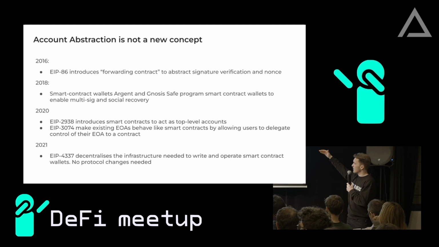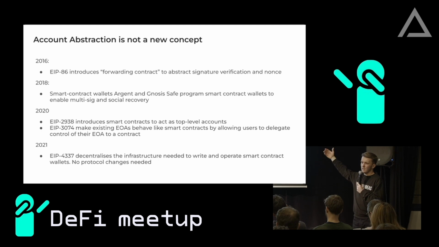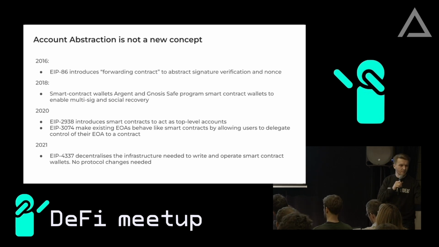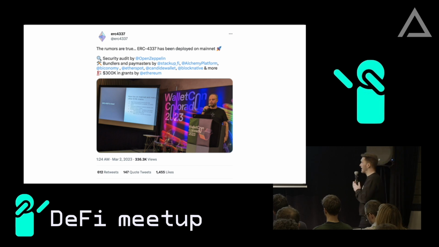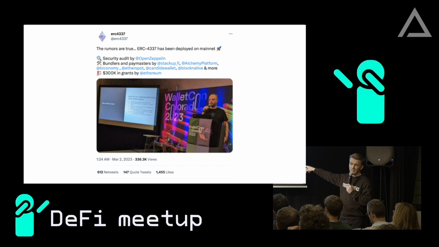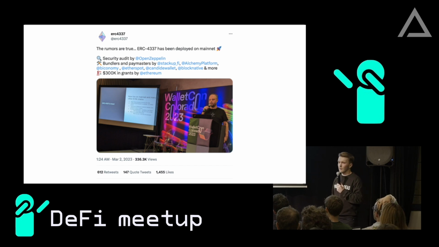So similar to what Argent and Gnosis Safe were trying to build, but in a decentralized way. Because Argent and Gnosis Safe require some centralized parties to operate. And luckily, 4337, just last week, so March 2nd, was deployed on mainnet. So this is now live, and account abstraction is getting into reality.